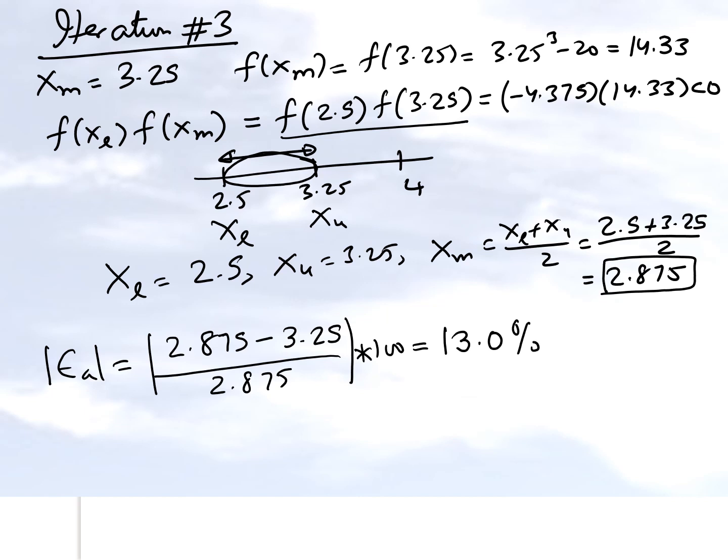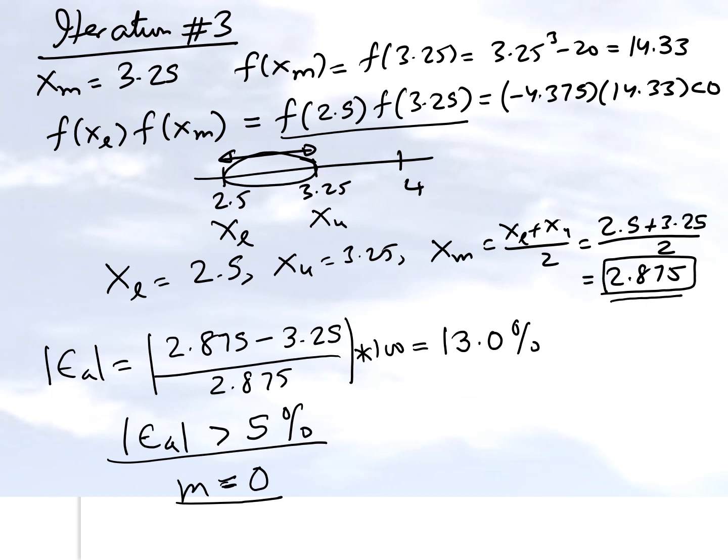And this 13% is still epsilon A greater than 5%. So I still have to say I cannot trust any of the significant digits in my solution right here.